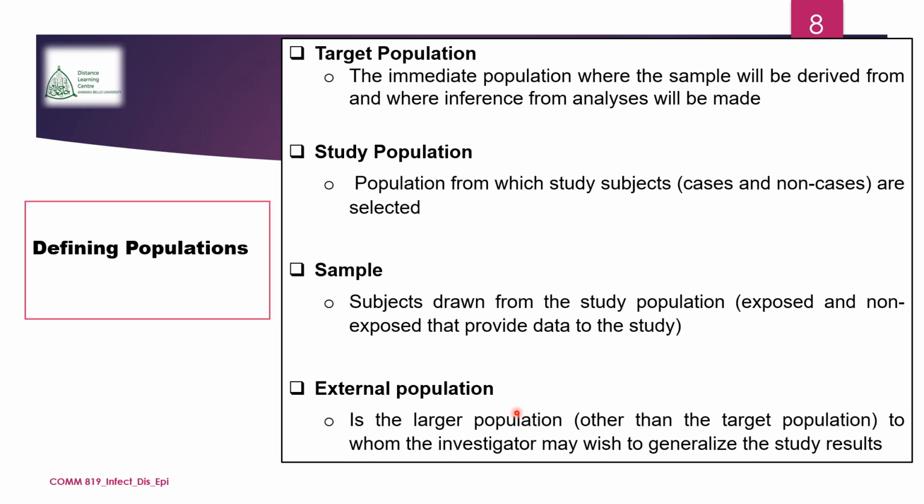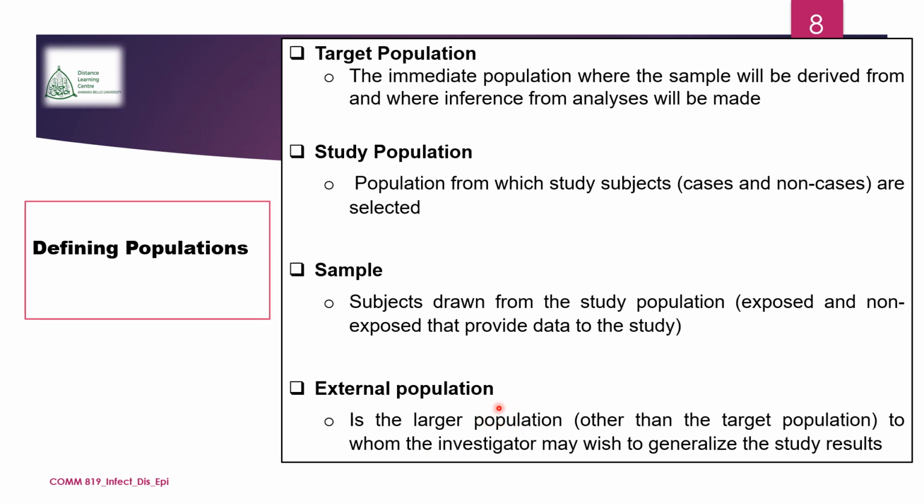this is the larger. For instance, you want to investigate a particular disease in Nigeria, and Nigeria has a population of over 270 million. So is it possible to sample 270 million people?